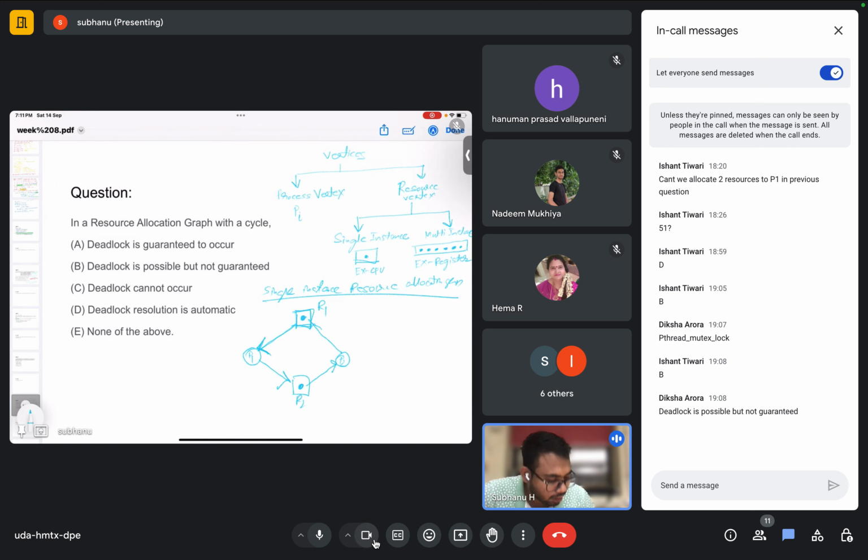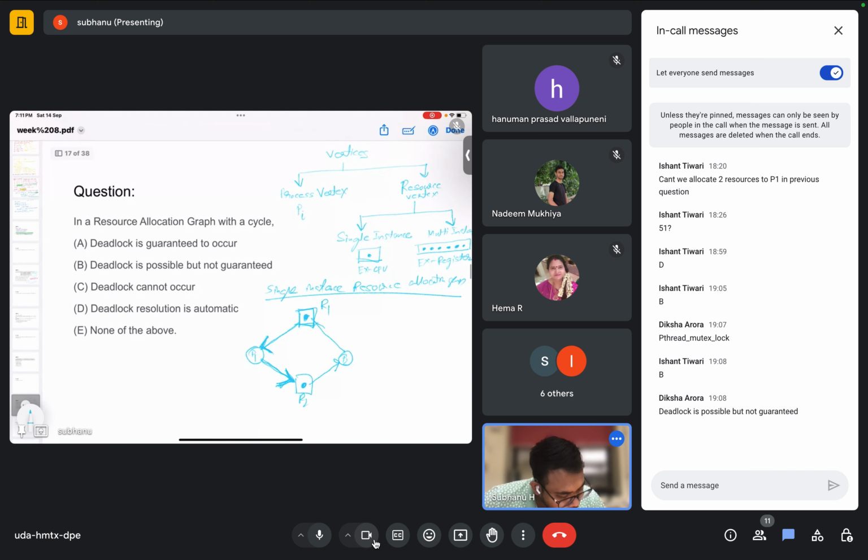Are you getting? This arrow means that this resource R1 is allocated to P1, and this means P1 is asking. Are you getting?